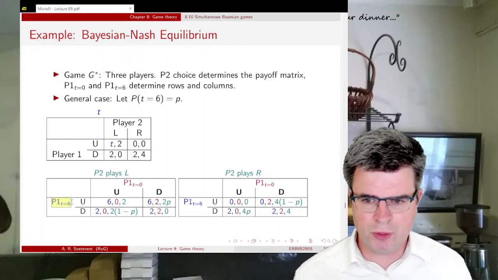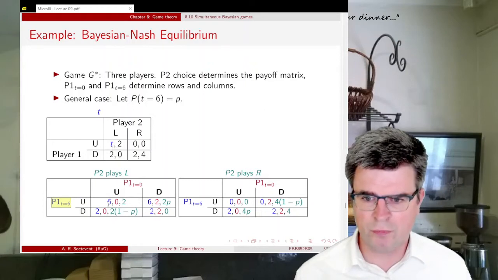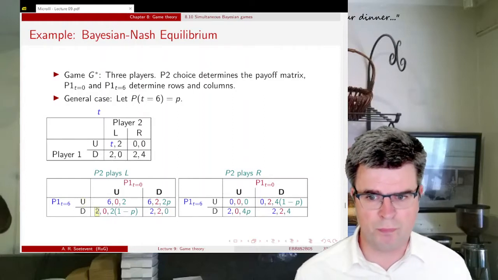Now, let's go through a number of these entries. If player 2 plays L, then we are here. If player 1 is of type T is 6, then player 1 will get a payoff of 6 if player 1 then plays up. If this player 1 plays down, he will receive a payoff of 2.